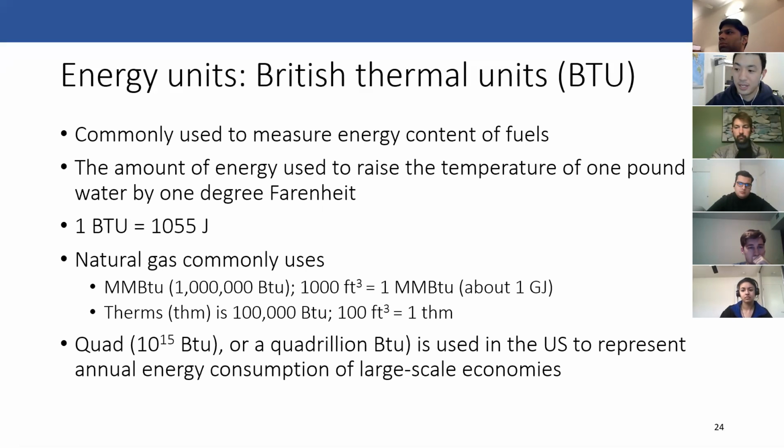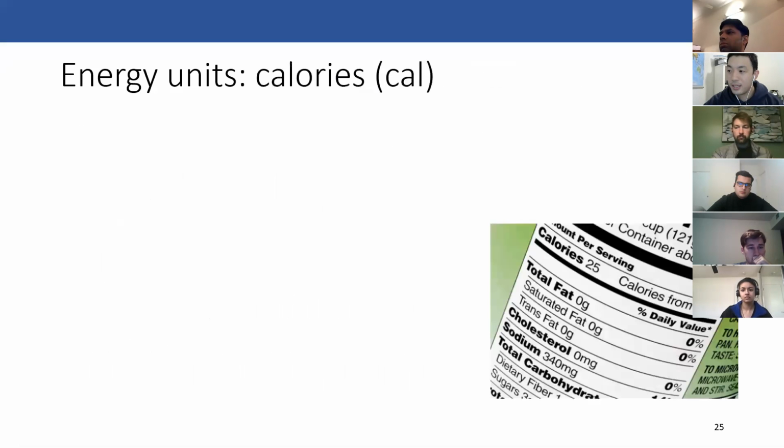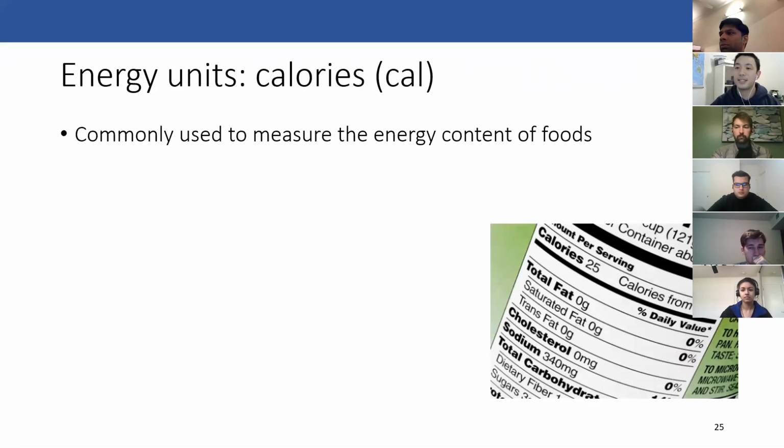Okay. And the last one that we'll talk about is calories. These are most commonly used to measure energy content of foods. I'm sure all of you have seen this before, right? On your nutrition packs, how many calories.